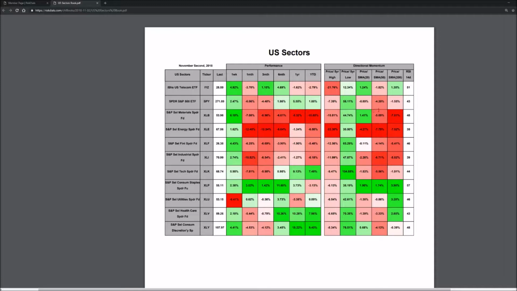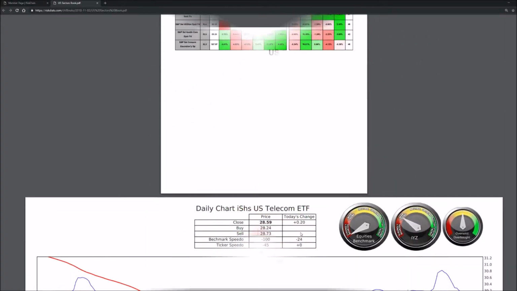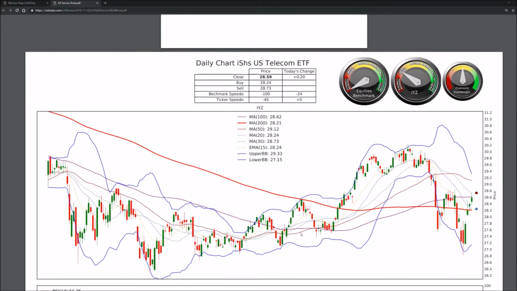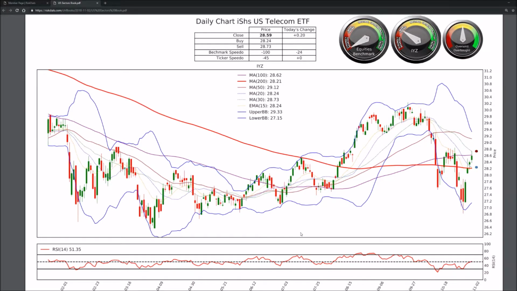On the right, we also have the technical position of the tickers, how far they're trading above or below the key 200-day moving average, and so on. If we move below the tables, we will see a daily and a weekly chart of each individual security in that book.